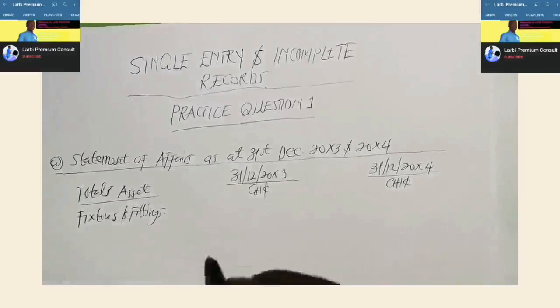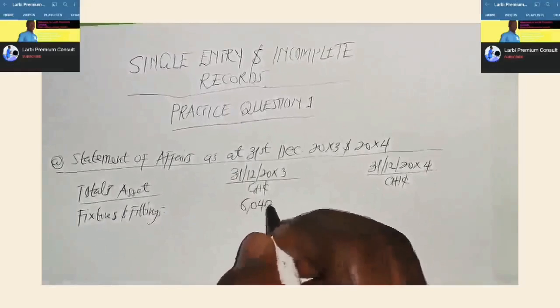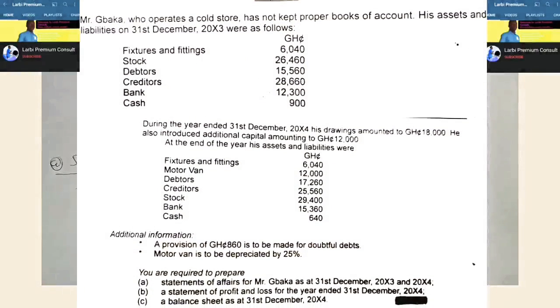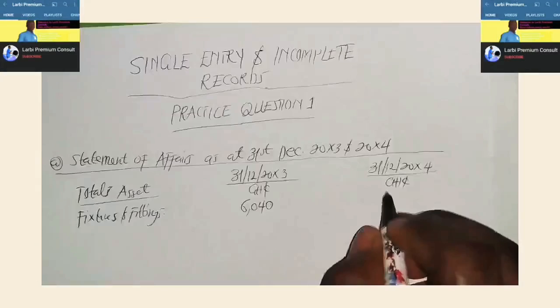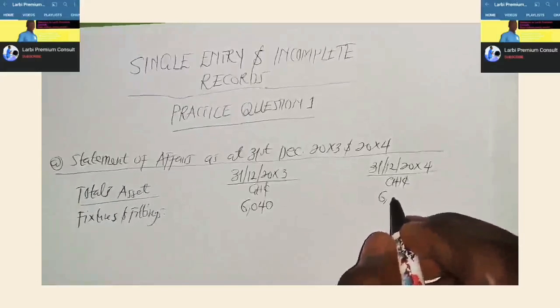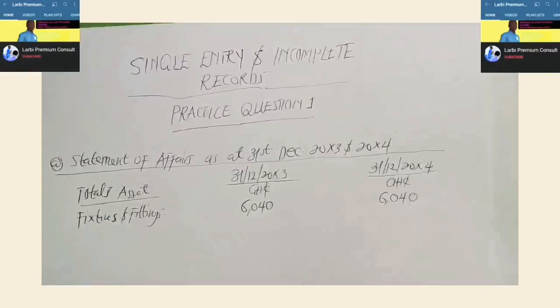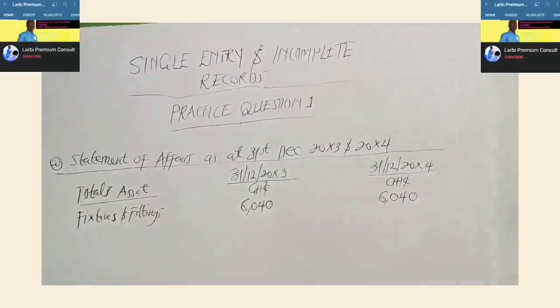The figure was 6,040. But let's check fixtures and fittings at the end of the year: it was the same thing, hasn't changed. So in 31st December 20X4 it was the same, 6,040. So you write them in that chronological order.